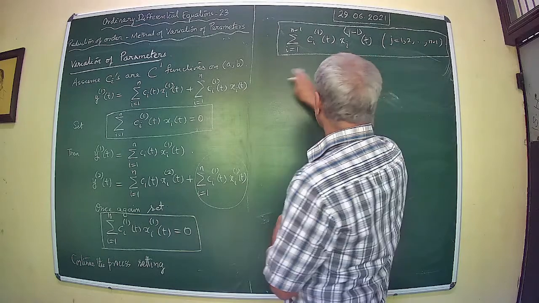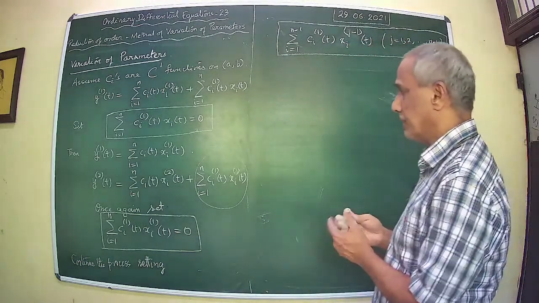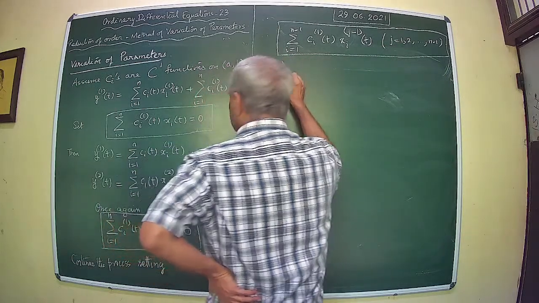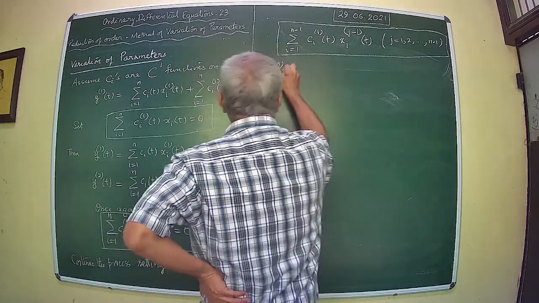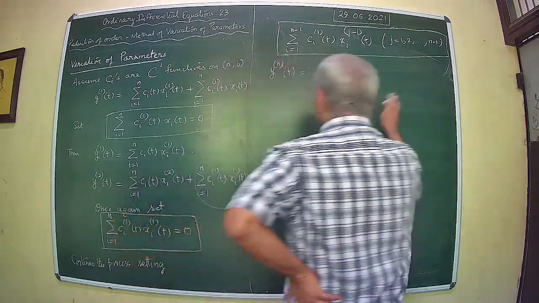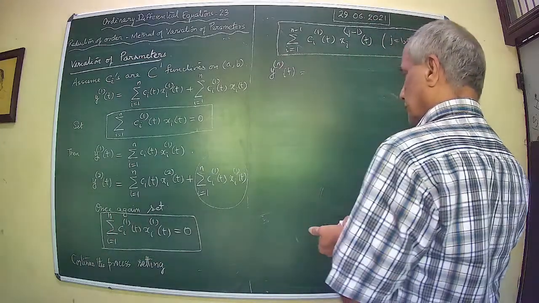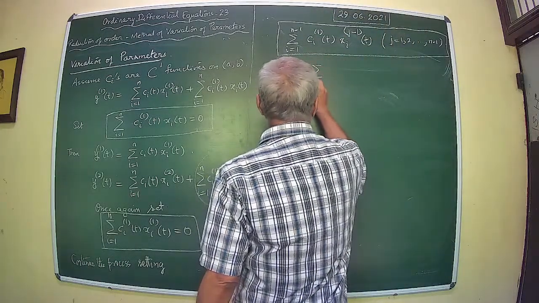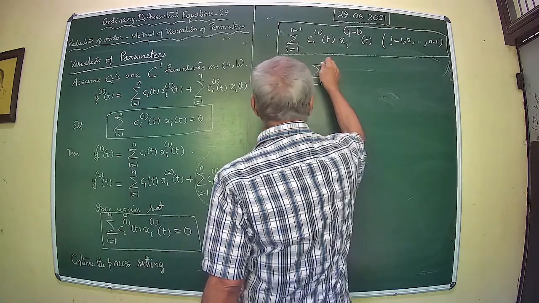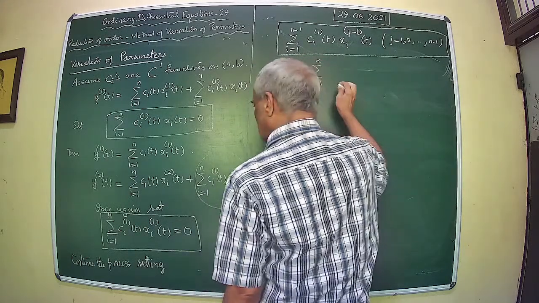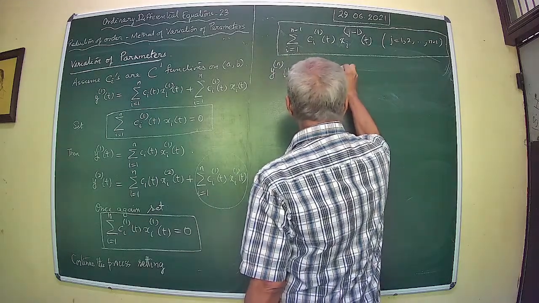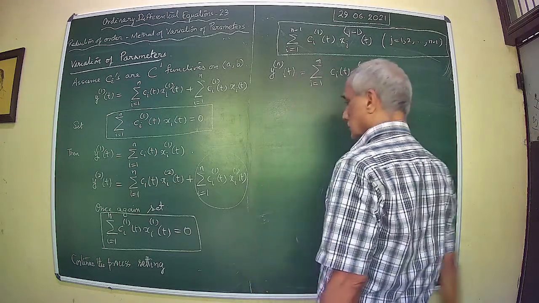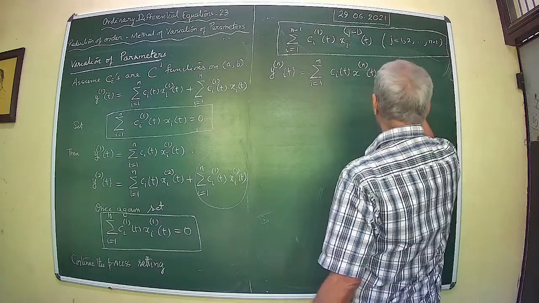Now once you have this restriction, then you see that y nth derivative of t is equal to sigma.